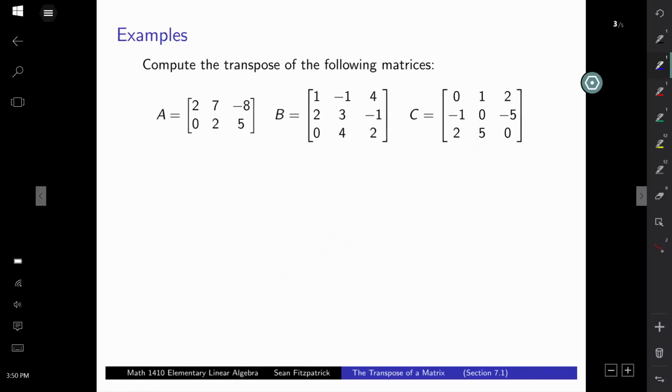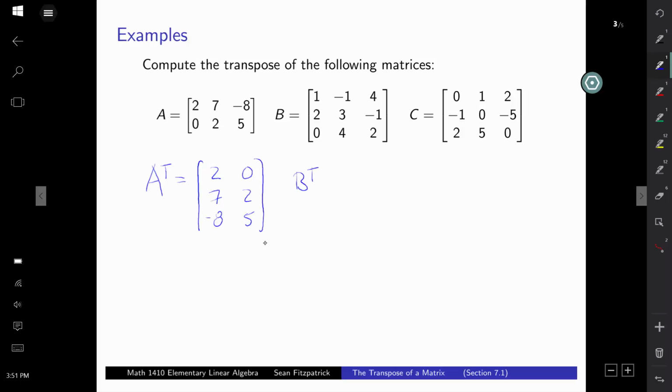Here are a few more examples. For the first matrix, A transpose, the first row becomes the first column, 2, 7, minus 8. The second row becomes the second column, 0, 2, 5.